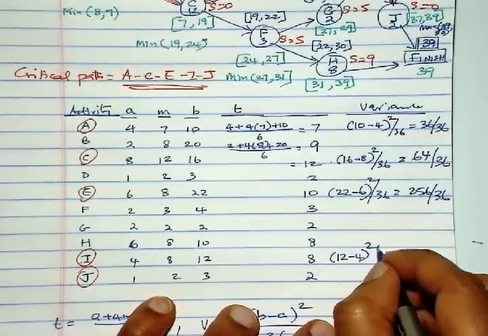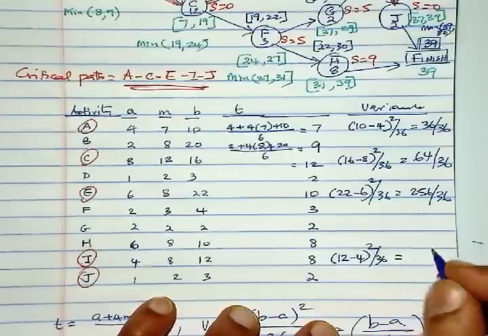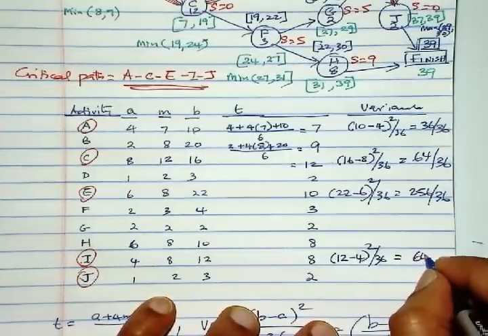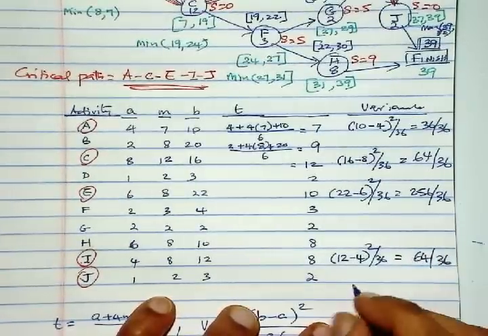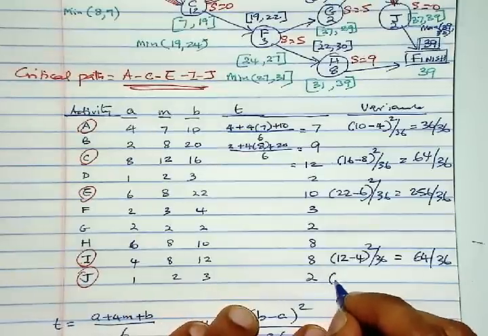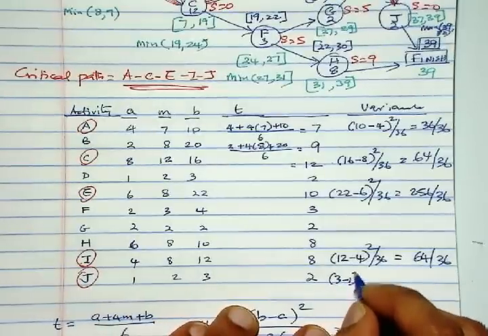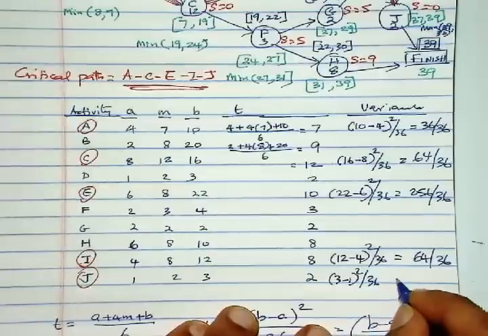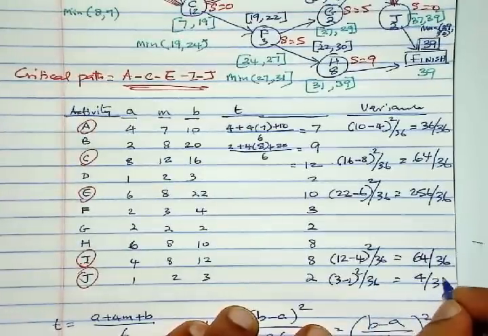So that is equal to 424 over 36, which is equal to 11.778.